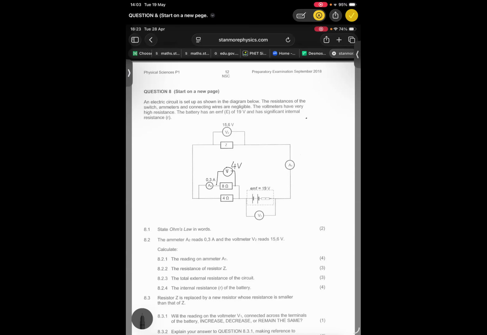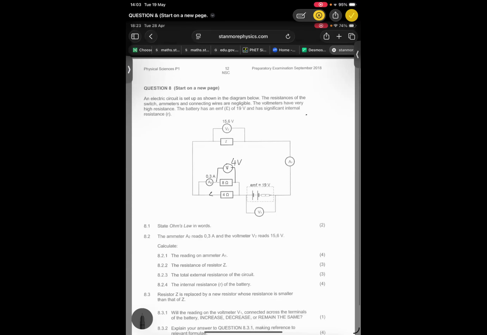And if the current here is 0.1, what's gonna be the current that is gonna be here? So is it going to be 0.1 plus that current plus 0.3?